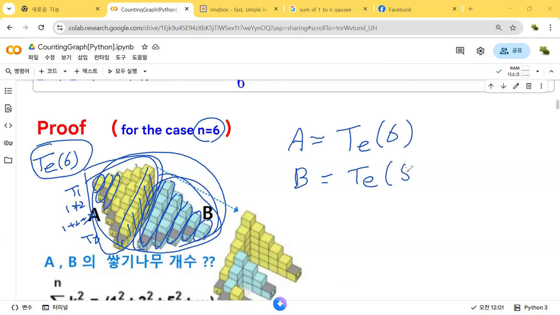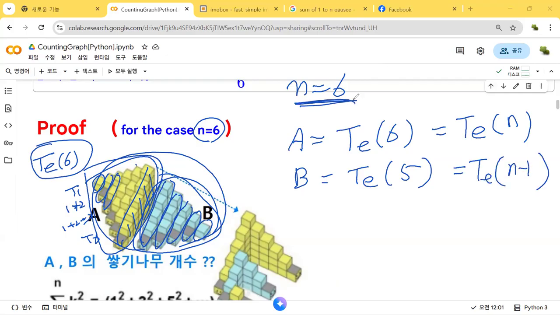Okay, so when n is 6, A is tetrahedral number n, and this is tetrahedral number n minus 1. Okay, so when n is 6, this 5 is n minus 1.